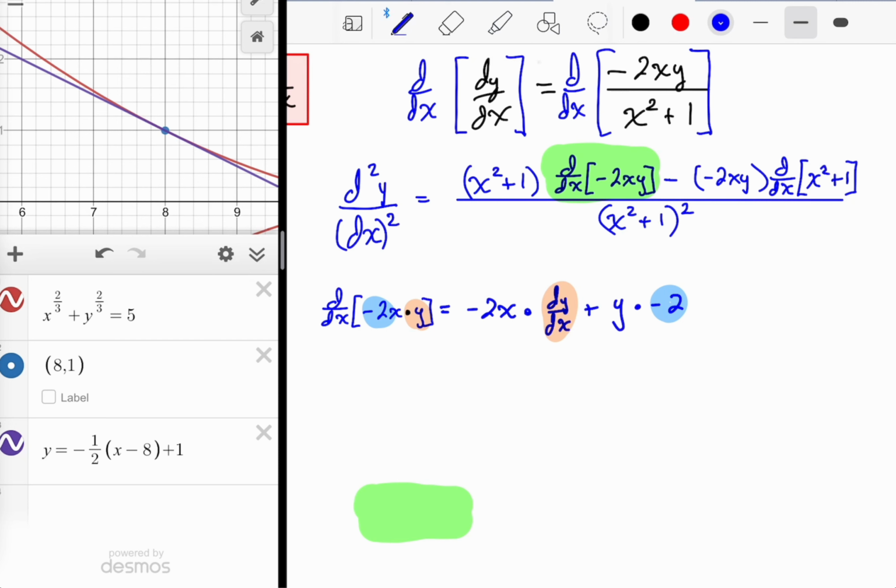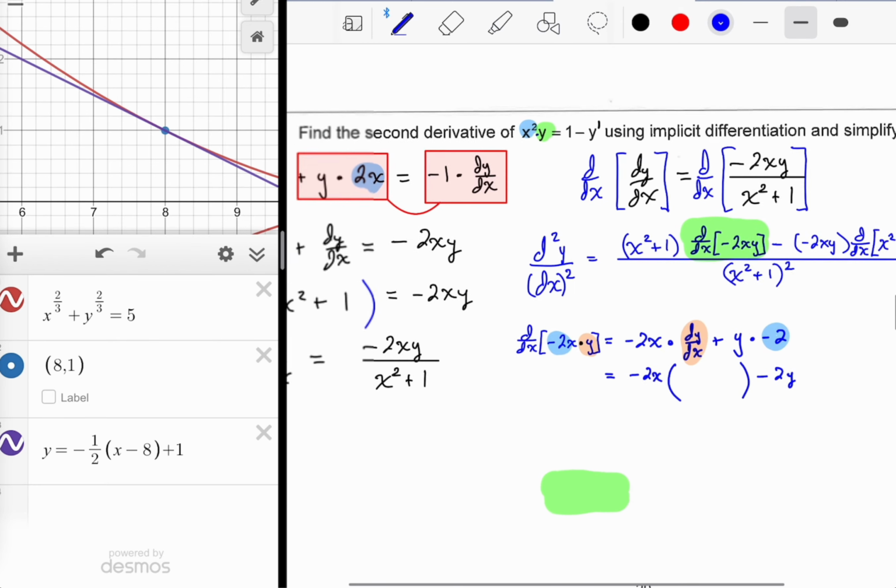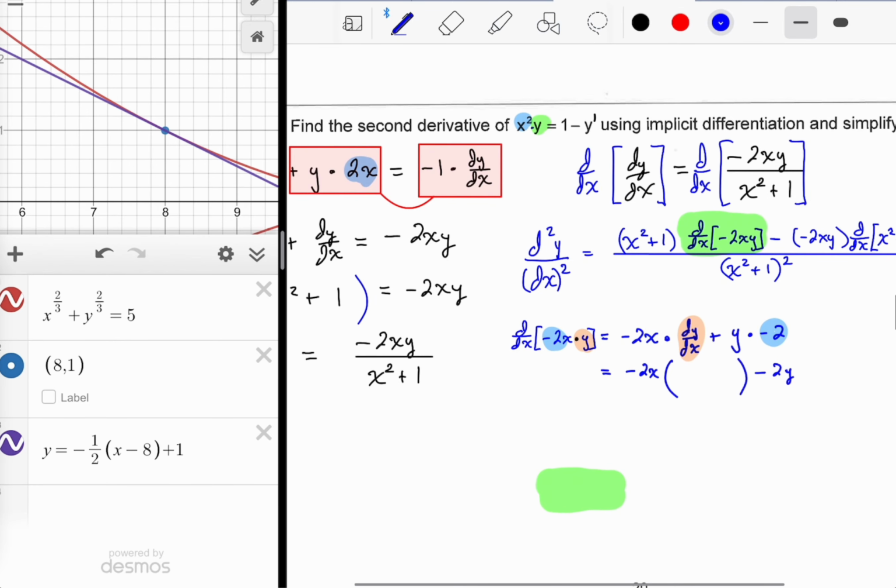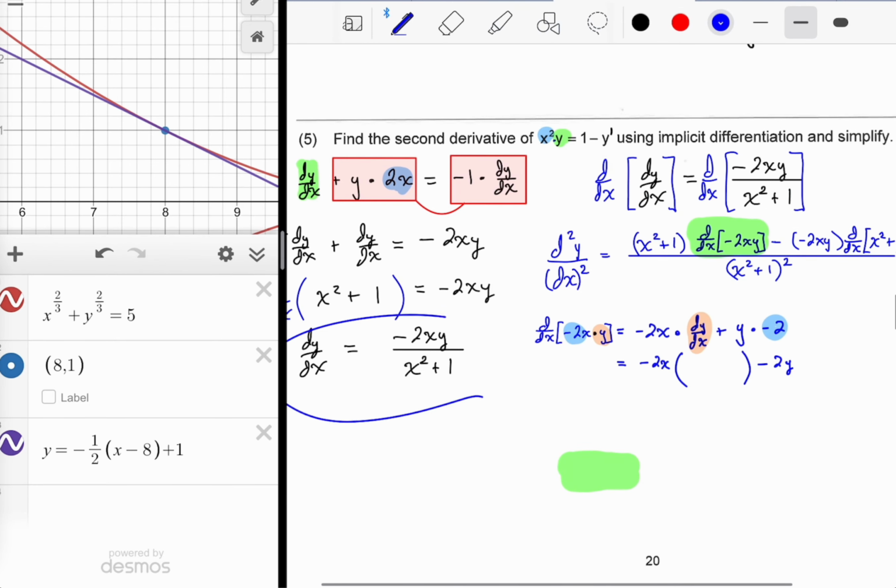If I'm going to squeeze this into that quotient rule, it's a good idea to clean this up, even if it's just a little bit of simplifying. So negative 2x times dy dx, minus 2y. Now again, that dy dx is a known value.